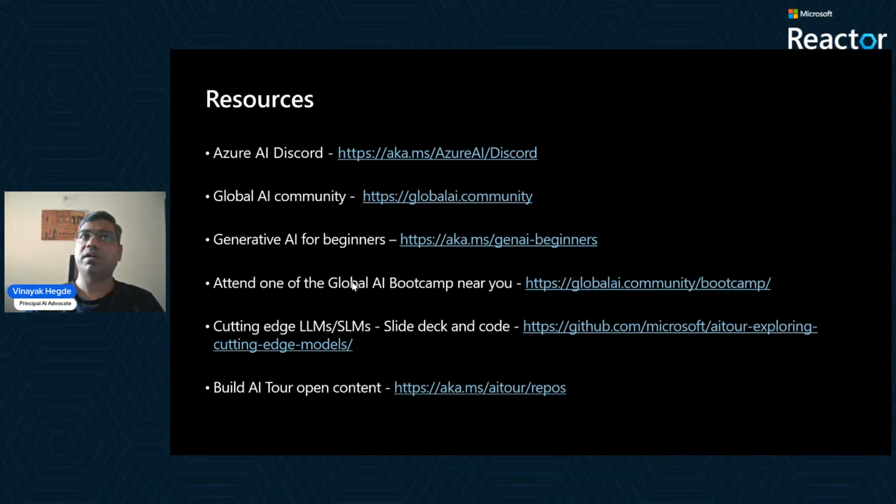It's not just for beginners. Even if you are an intermediate programmer, I'm sure if you go through the series, you'll find something new that you have not learned. It's an excellent series, updated very often by my team. You have access to the deck and code at github.com/Microsoft AI Tour, Exploring Cutting Edge Models, and pretty much all of the content that we have in this series is available on the AI Tour repo.